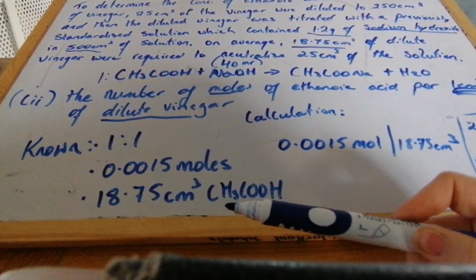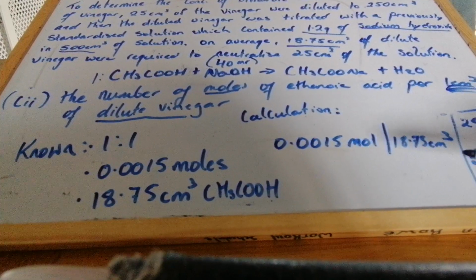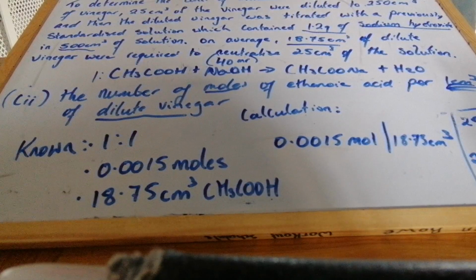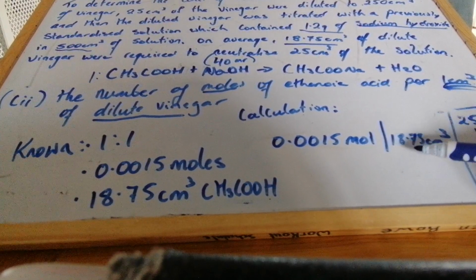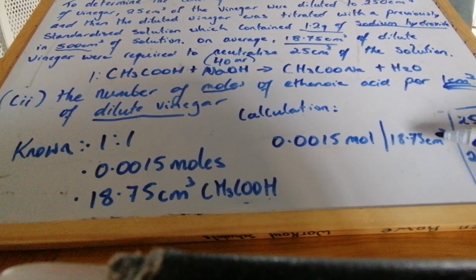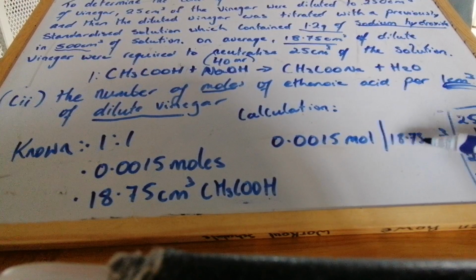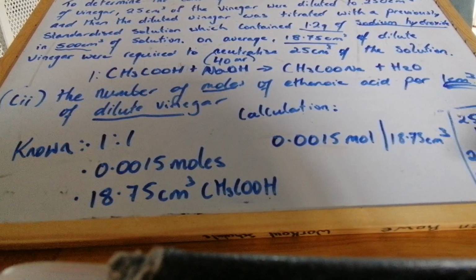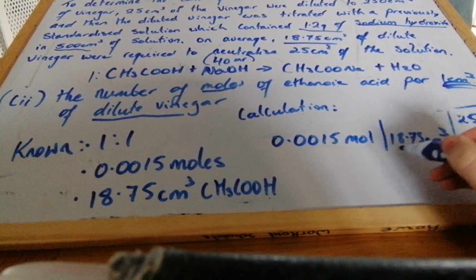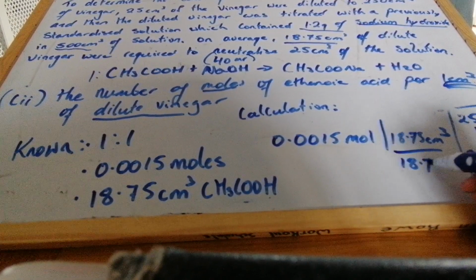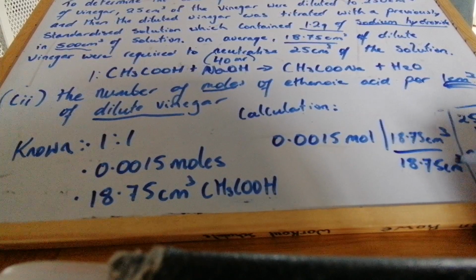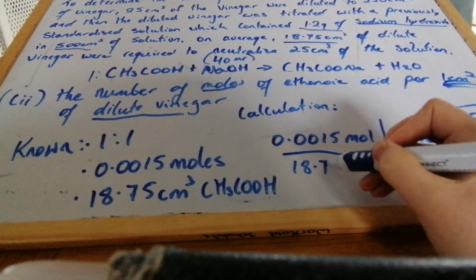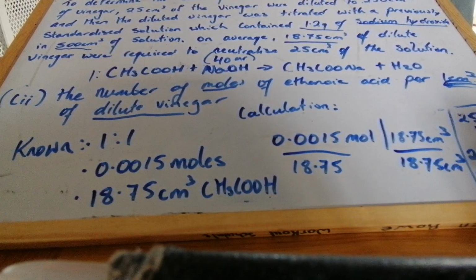Okay, but it was in 18.75 centimetres cubed. I want to find out how many moles are in 1 centimetre cubed of this. You can tell me straight away, how do I do that? If I want to get 1 centimetre cubed here, I divide by 18.75. That means I need to do the very same thing to the other side. So I divide this by 18.75.